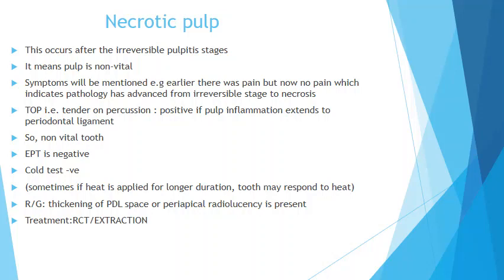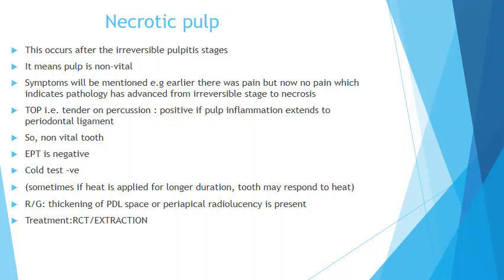So this ends our discussion with the pulp. We'll just have an overlook again about these conditions, only the signs and symptoms. If the pulp is normal, what will you see? The vitality test response is normal, clinically symptom free, no radiographic signs of pathosis.